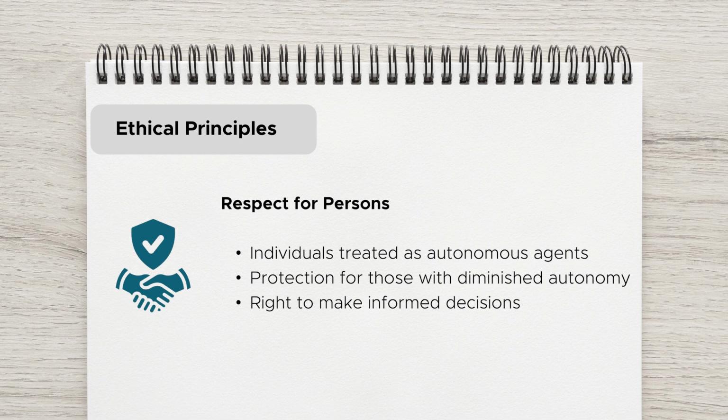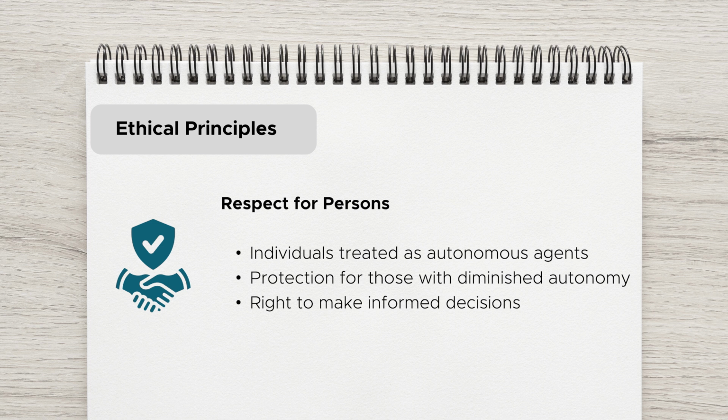The first pillar suggests that there should be respect for persons who are participating in the experiment. Primary in this aspect is the fact that individual participants should be treated as autonomous agents. They should have the autonomy to say yes or no to the decisions that they are making in the context of the experiment.